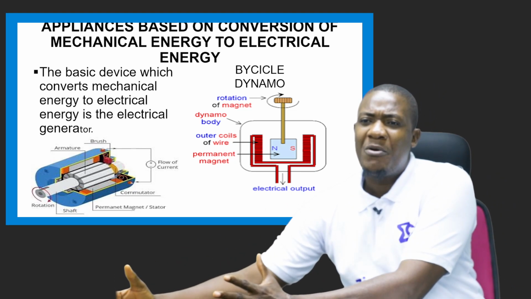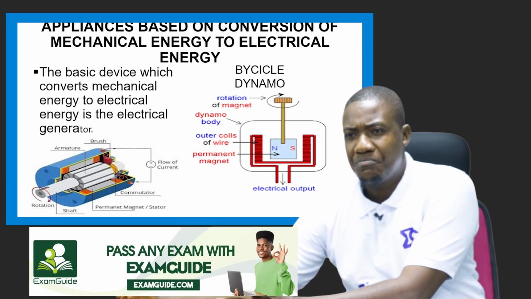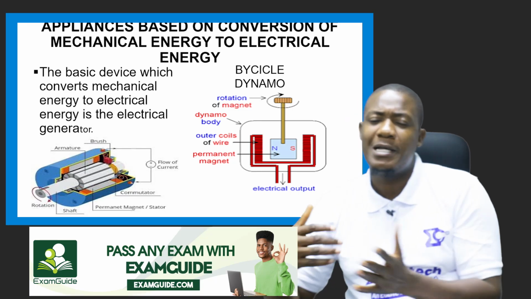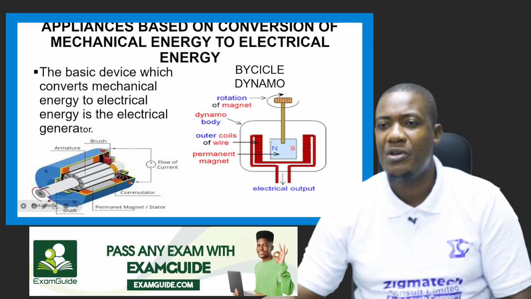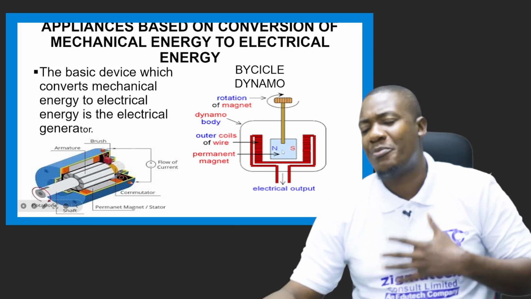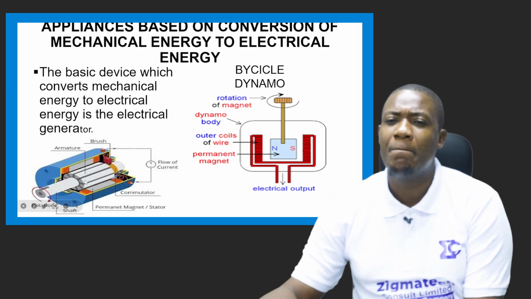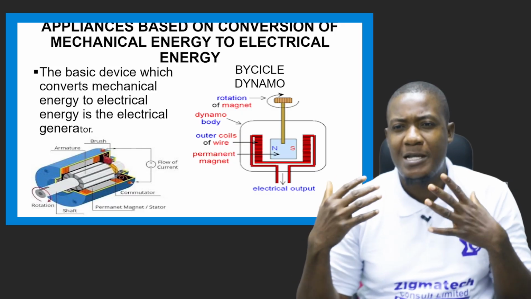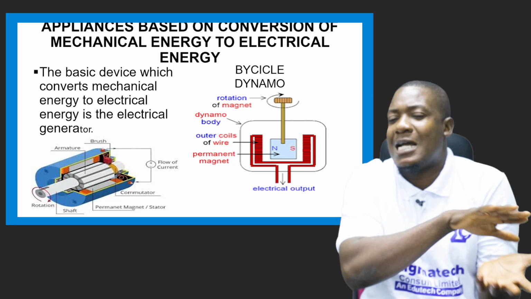Now, there's another type of generator that we use on our bicycle. We call it the bicycle dynamo. The bicycle dynamo, like we have here, is a practical use of this generator. If you have a bicycle, there's usually a small machine attached to the tire.